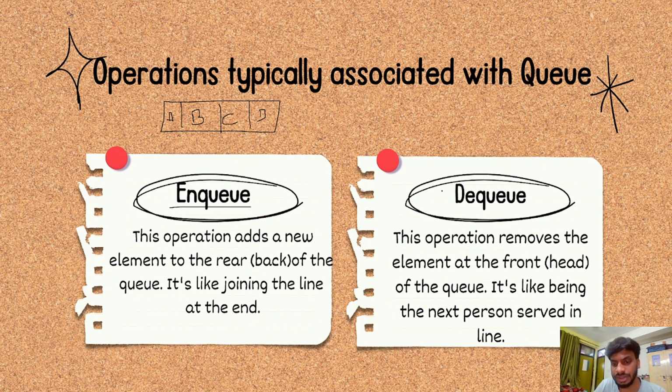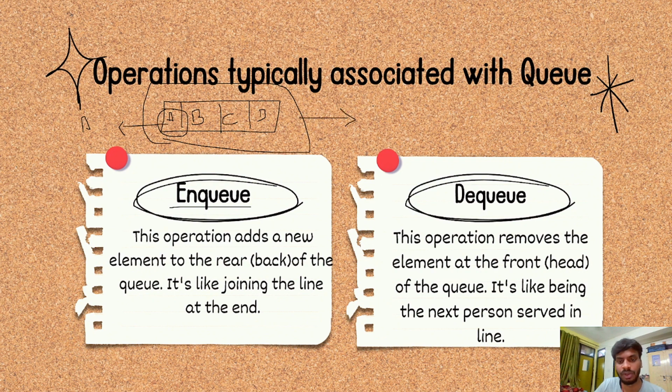Now the dequeue function. This operation removes the element at the front or the head of the queue. It's like being the next person served in line. Like here in this example, the dequeue operation helps to remove the first element. The first element is A, so A will be removed.